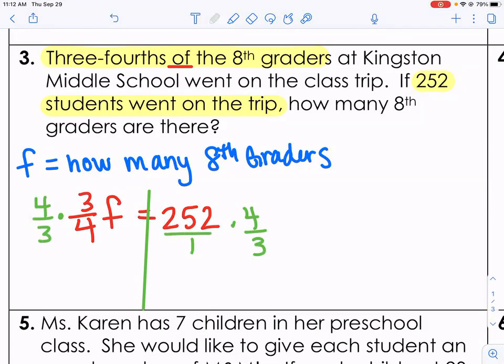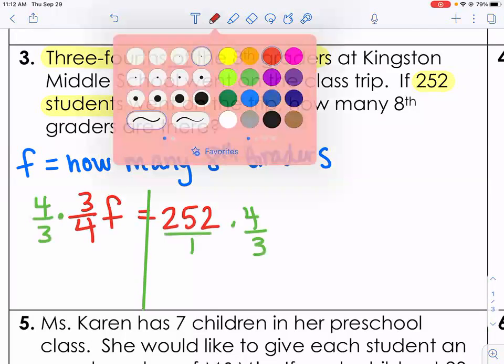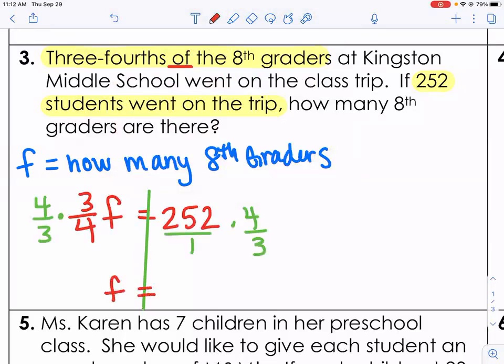Okay. So F equals, ooh, what's 252 times 4? 1008. Okay. And then divided by 3.